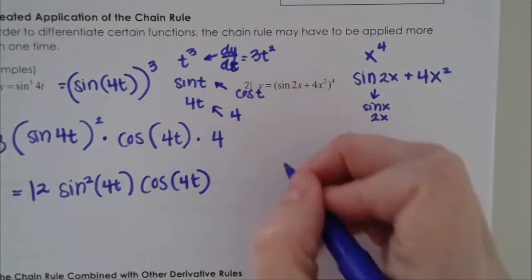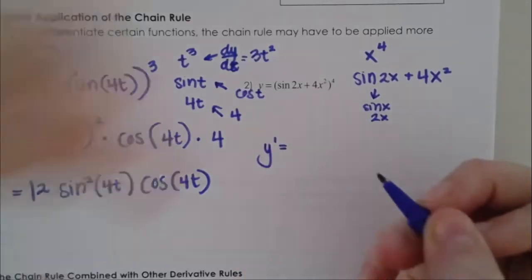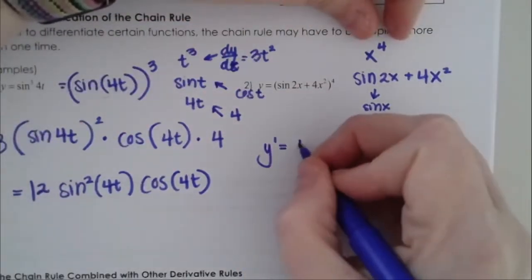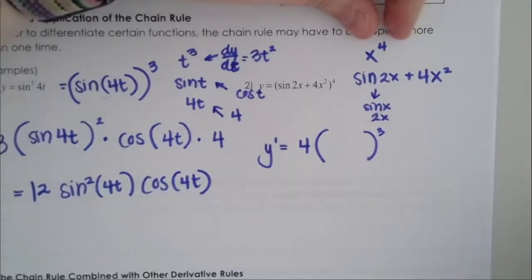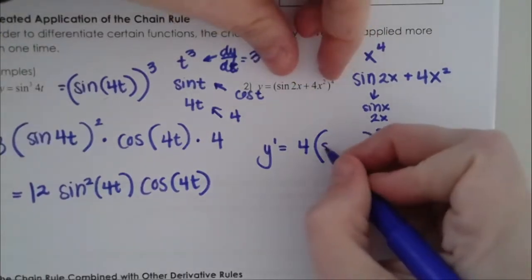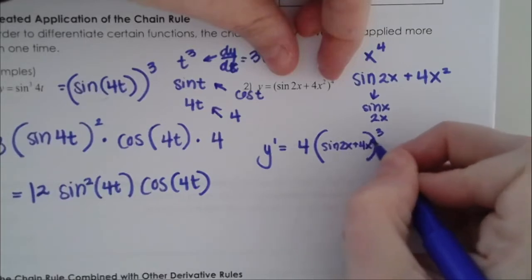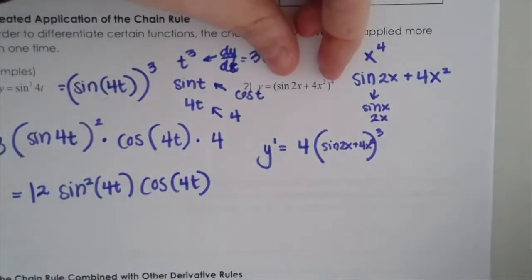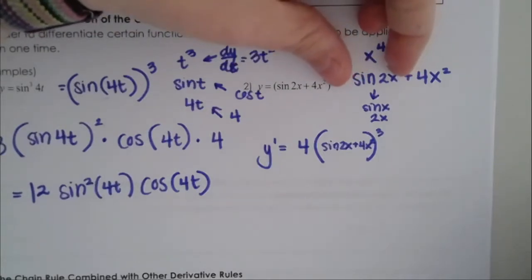So if I'm going to do the derivative of this, the outside derivative, that would be 4 times something to the power of 3. Well, the something that was inside of that, well, is sine of 2x plus 4x squared. Now we have to do the derivative of the inside, and this is where we have to be careful.